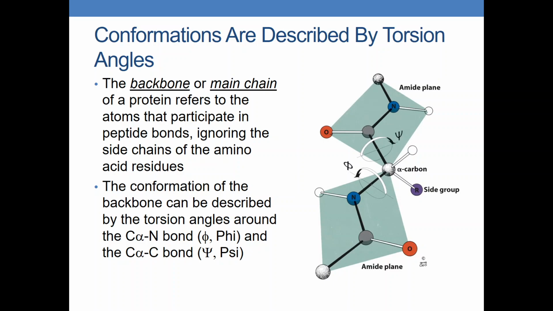These are all backbone or main chain atoms. So going forward, when I refer to the backbone or main chain atoms, this is what I'm talking about. I'm not talking about side chain functional groups. I'm talking about the atoms that are repeating across the entire polymer.